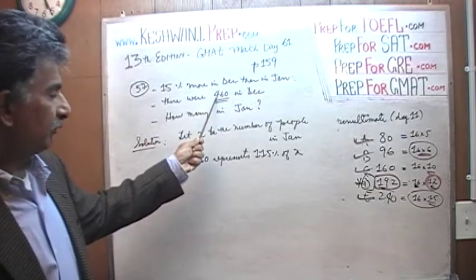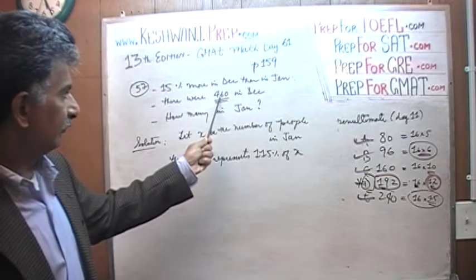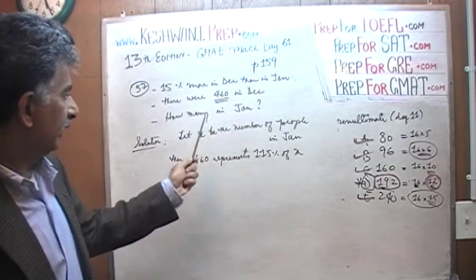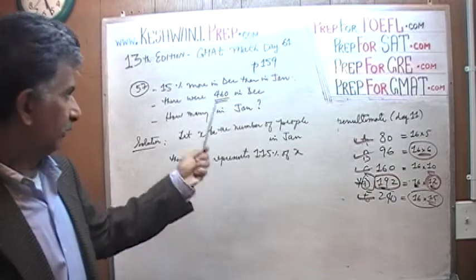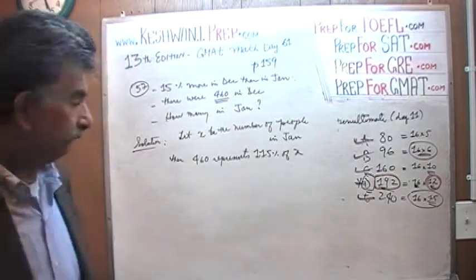And in December it was 460, so this 460 represents 115% of x. All we have to do is solve for x.